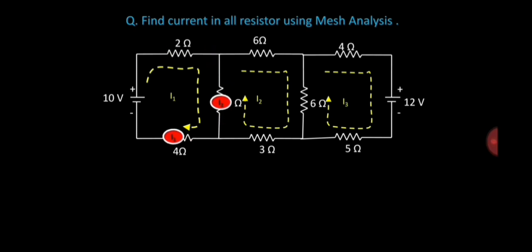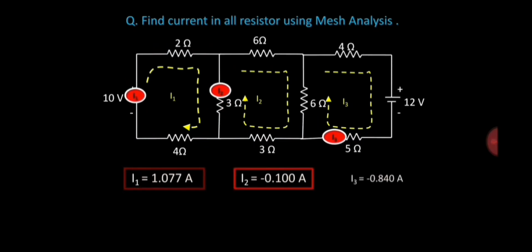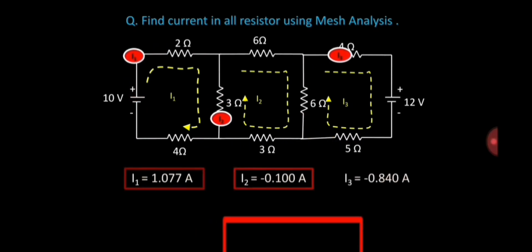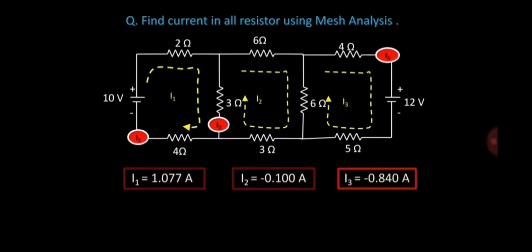So from the mesh analysis of these given diagrams, we have been able to obtain I1 as 1.077, I2 negative 0.100 and I3 negative 0.84. But negative current cannot be represented with a negative sign.